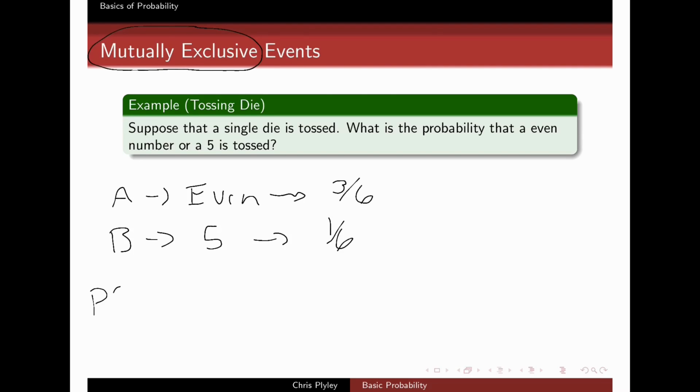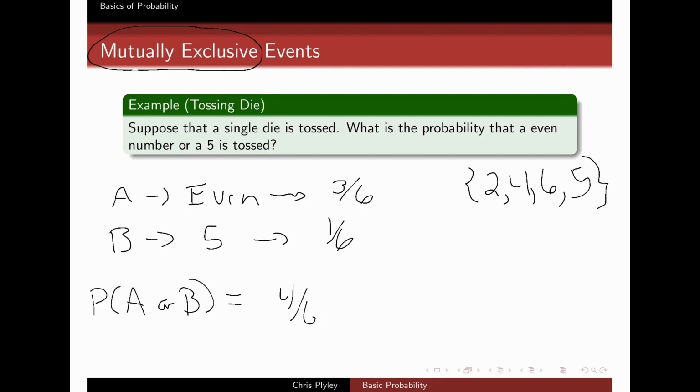And so let's suppose I ask you to find the probability of A or B in this experiment. You could do this using the addition rule that I just taught you, but let's just think about it again. What's the probability that I either toss an even number, that means I've tossed either 2, 4, or 6, or I toss a 5? Of my 6 possibilities, there's 4 different ways that that can happen.